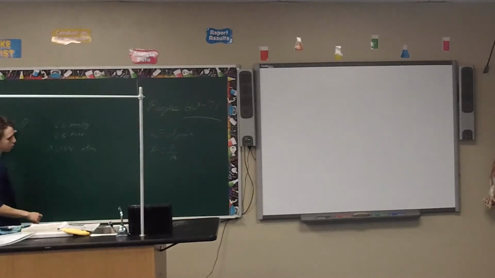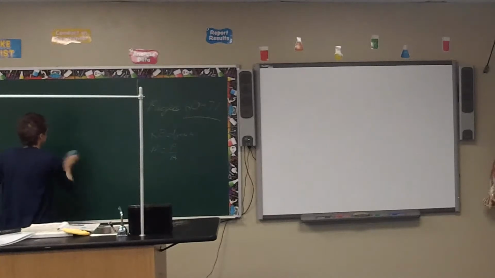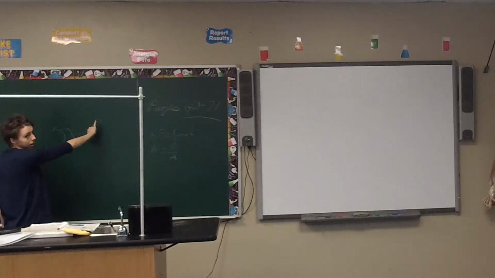Alright, so if the manometer is open to the atmosphere, and the gas shifts towards the atmospheric side, which one's stronger, gas or the atmosphere? The gas. So do I add how much it's moved by to the atmosphere, or subtract it?